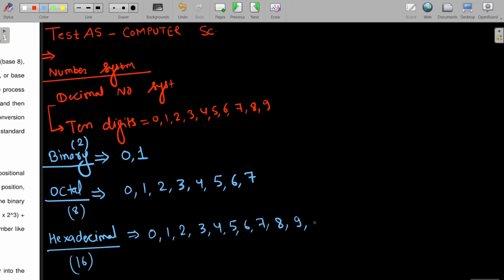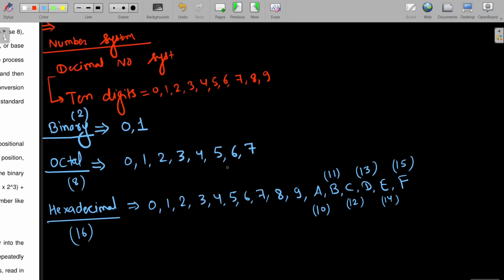In place of writing 10, we write A, B, C, D, E, and F. This A is equivalent to 10, B is equivalent to 11, C is 12, D is 13, E is 14, and F is 15. These are total 16 in number because we have started from 0, right? So these are some basic number systems which our computer can understand, right?